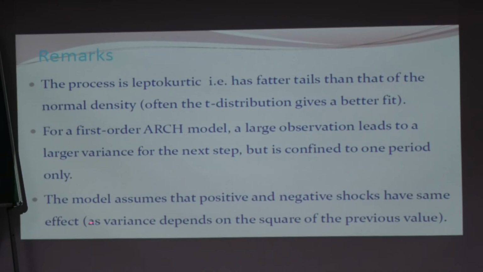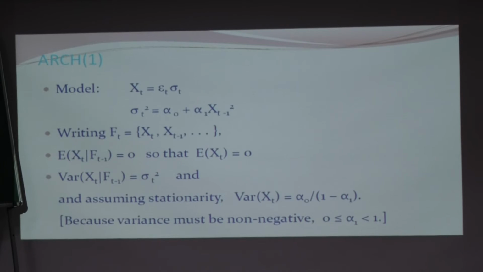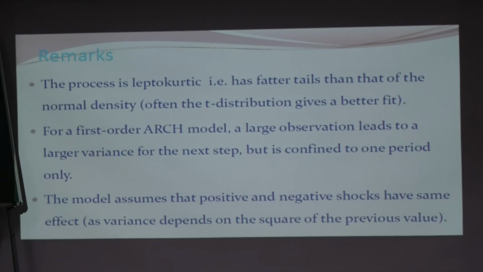Since you are taking the square value here, positive and negative shocks, that means positively large or negatively large values, have the same impact. Sometimes this is disputed, and I will come back to this later, but positive and negative shocks would have the same effect because you are taking the square values here.